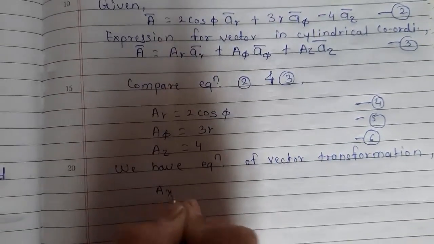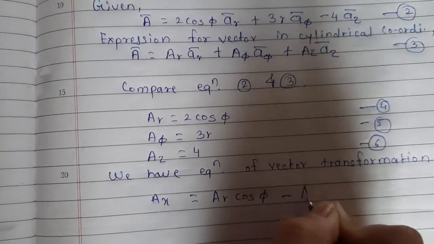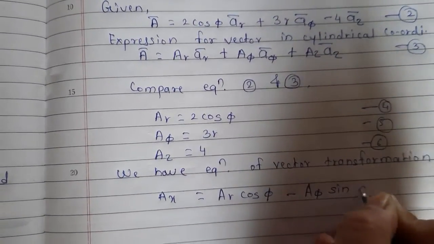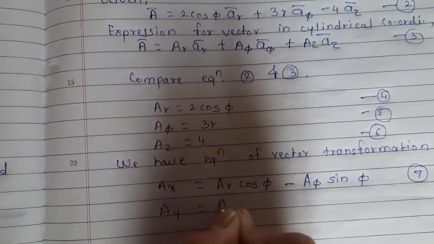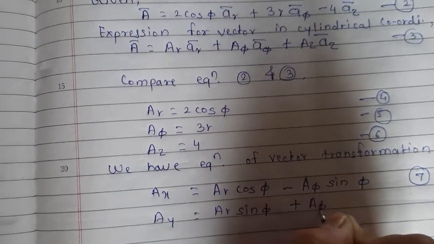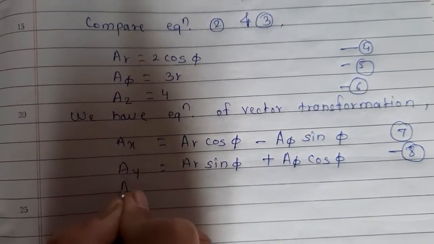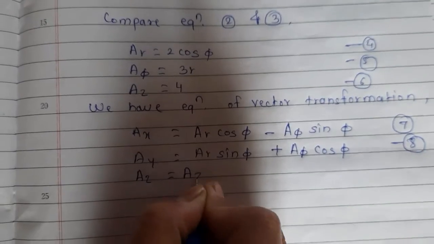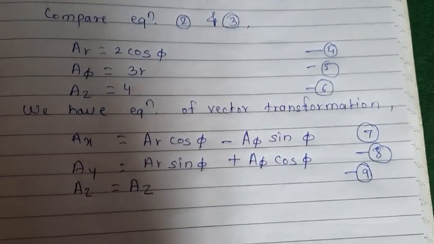Ax is equal to ar cos phi minus a phi sin phi. This is equation 7. Ay is equal to ar sin phi plus a phi cos phi. This is equation 8. And az is equal to az as it is. This is equation 9. These are the general expressions which are used for the vector transformation.